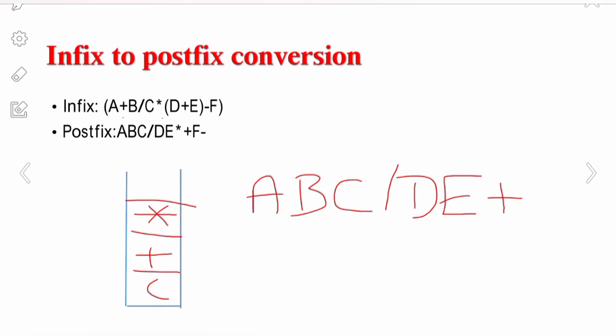So now we have to insert the minus, and then F, and then the closing parenthesis. We have to insert the minus operator here, but we again have a problem: a low priority operator cannot be placed over a higher priority operator.